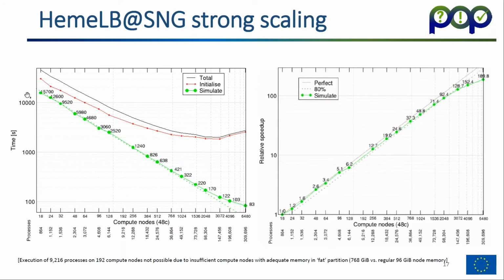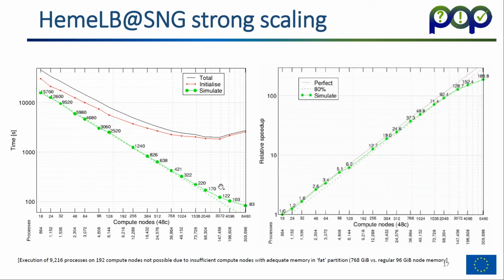When I look at the scaling of that application, which is the solver part here, the simulation part in green here, we see that it's actually scaling extremely well from the smallest configuration here on 18 compute nodes all the way up to 300,000 processes. The scaling is tailing off a little bit, as you expect at the largest scales, and that's just because we're running out of computation as we use more and more processes.